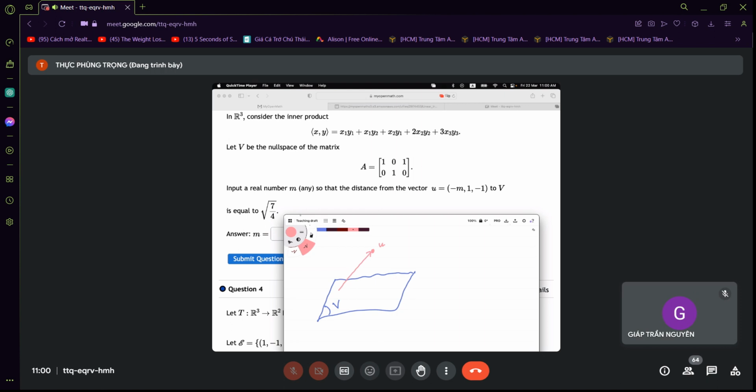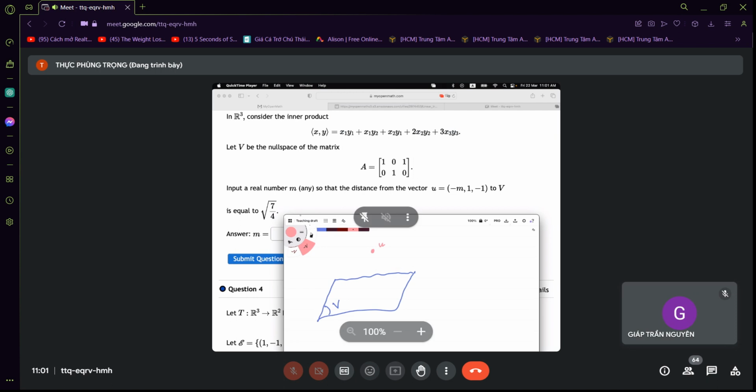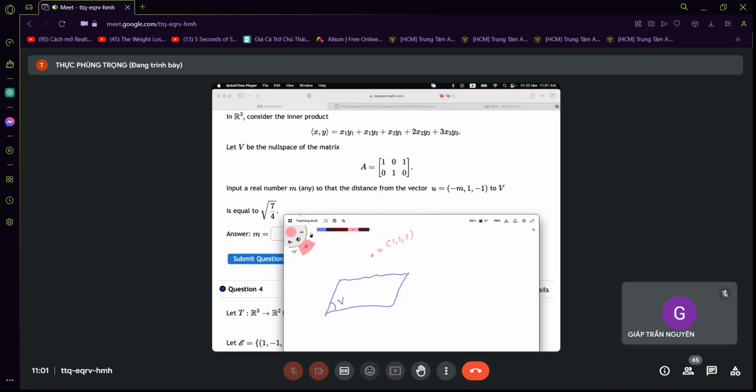But sometimes it's easier for us to look at a vector as a point. You can switch between the two. A vector you can imagine is a point in 3 dimensions if you want, because when you have a vector, we had 3 numbers attached to that. Anyway, so how to find the distance from a vector to a subspace?